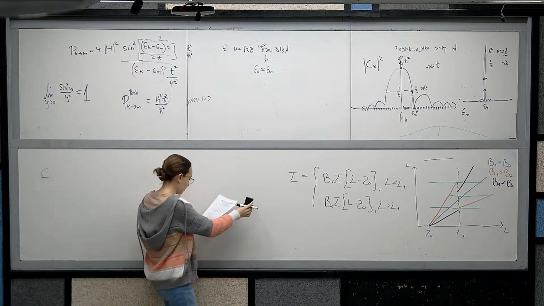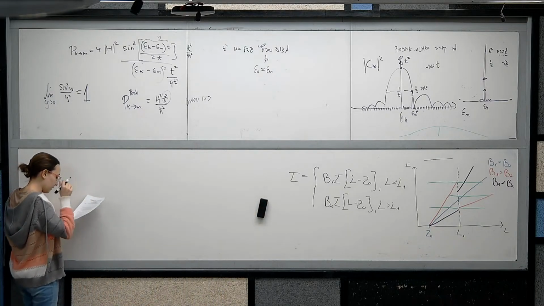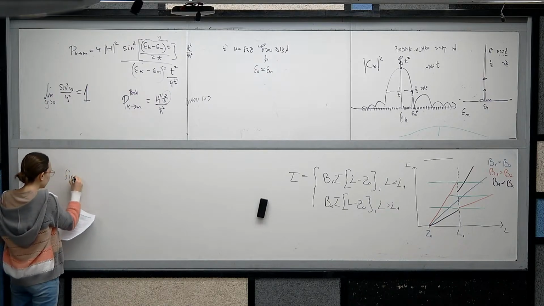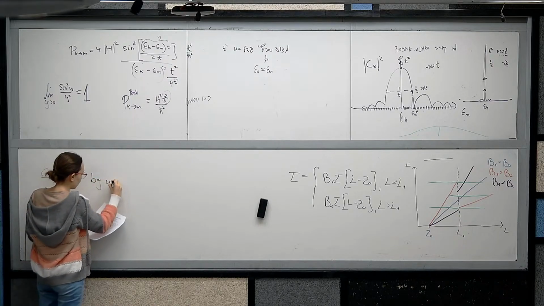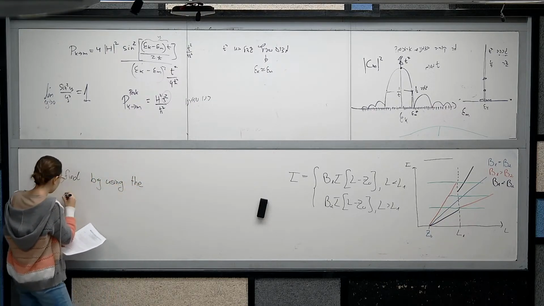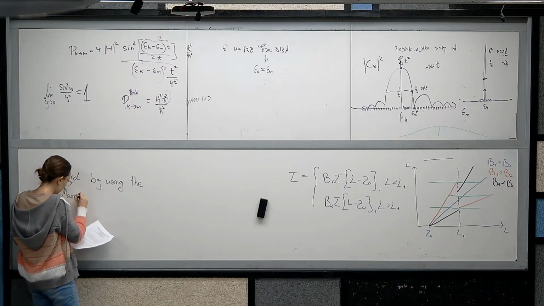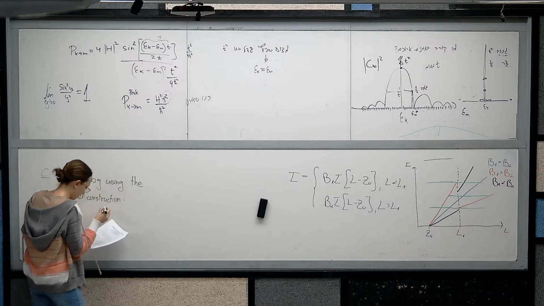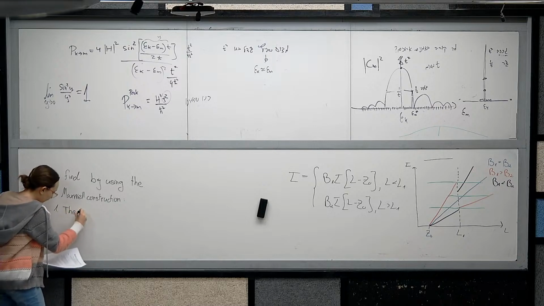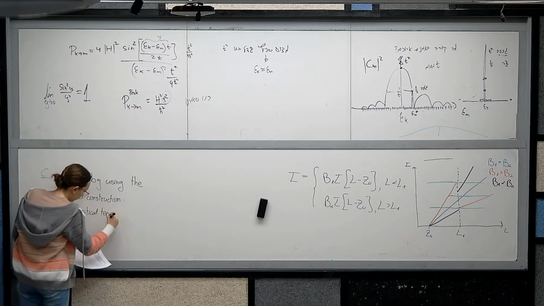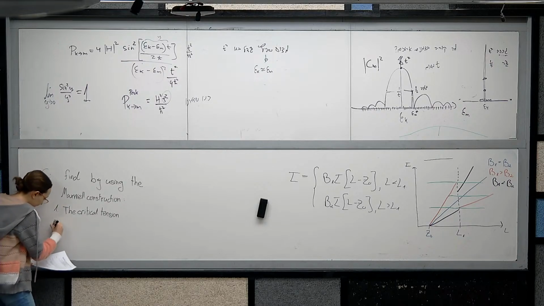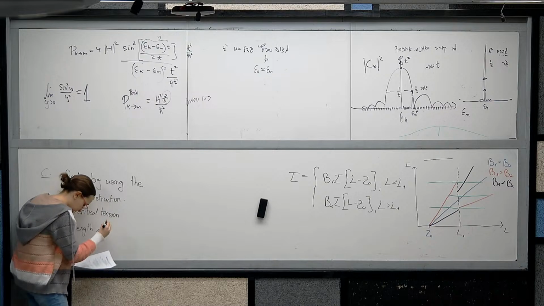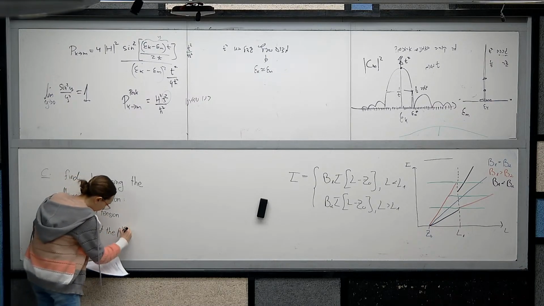So the last section tells us that for the case we found, B1 bigger than B2, we want to find, by using the Maxwell construction, the critical tension and the length at the phase transition.